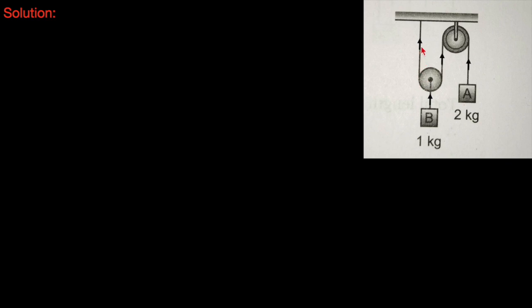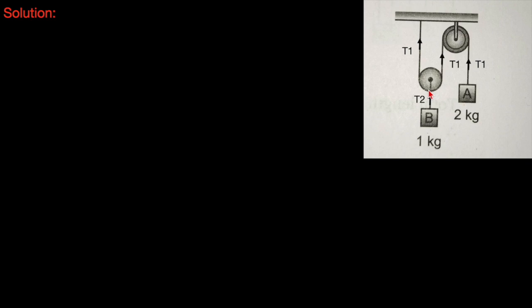Now since you can see clearly, this rope that is connected to the block A has a similar rope all over the pulley. So if the tension in this rope is T1, then the tension on this side will also be T1 and this side will also be T1. And you can see the block B has a different rope. So I'm supposing that block B has a tension T2 and block A has a tension T1.